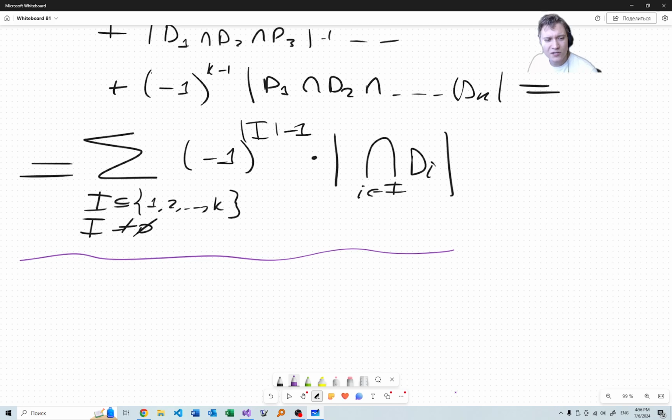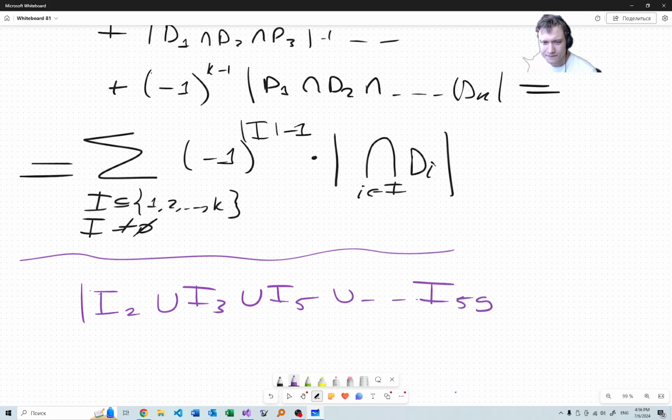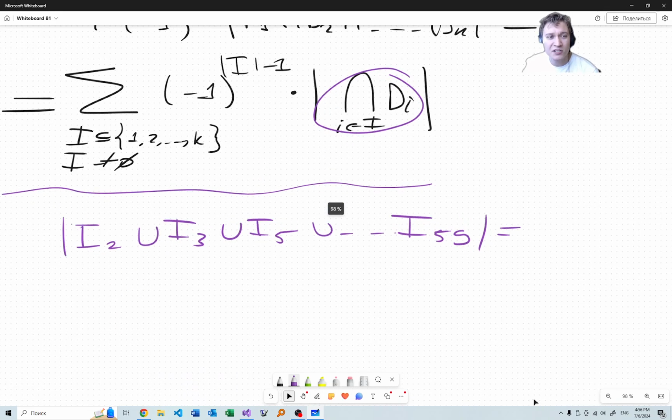Now notice what happens in the case of our problem with primes. As I said, the intersection of several I's, let me just rewrite it as it is here.